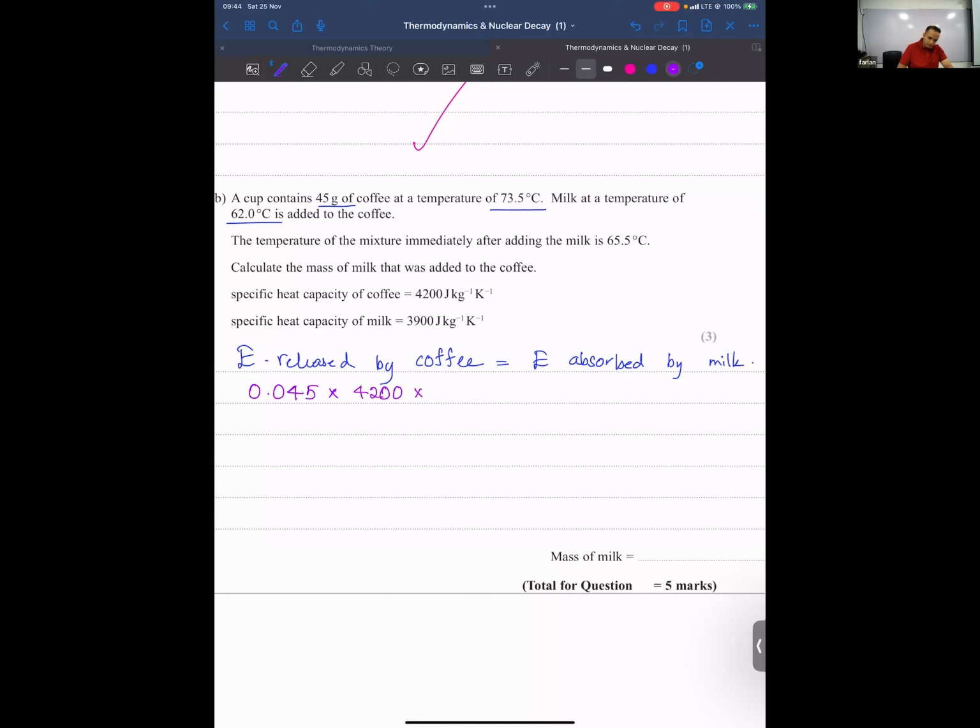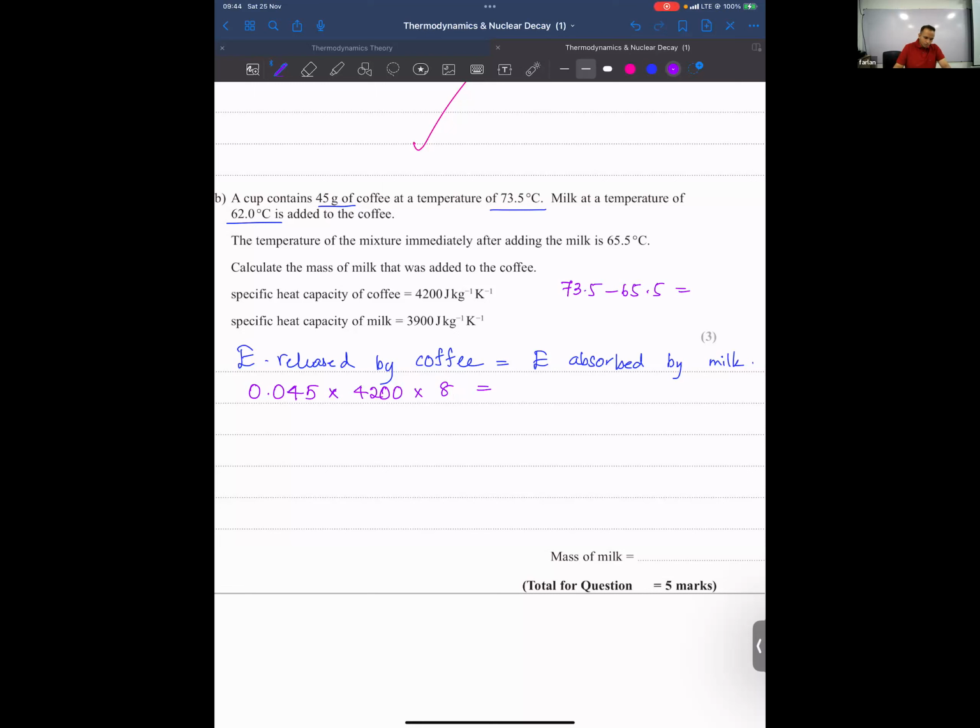Delta theta is 73.5 minus 65.5. How much is that? 8.